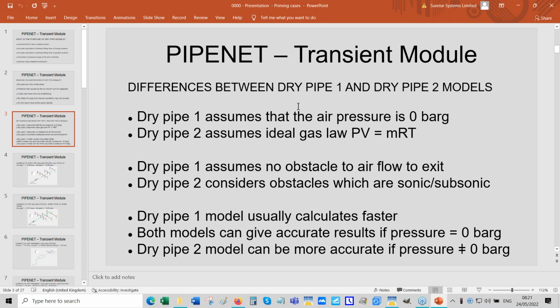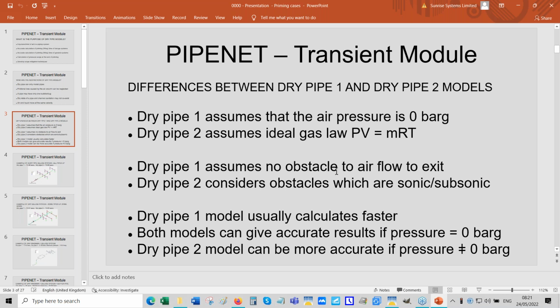Whereas dry pipe 2 assumes that the air pressure is not necessarily 0, and it models the air column by the ideal gas law, which is PV equals mRT or nRT or whatever, it doesn't matter. It depends on your definition of the gas constant. So this is the most important difference between the two.